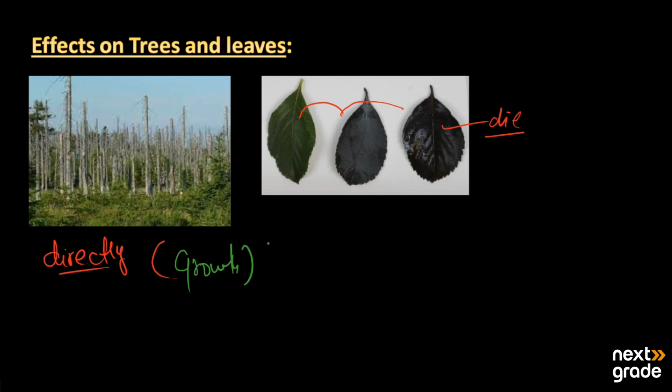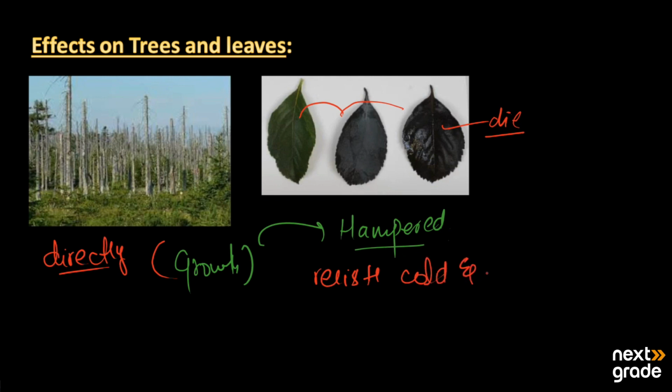Depending upon the severity of the damage, the plant's growth can be hampered, and we can also check the capability of the plants to resist the cold and diseases, and ultimately they start to die when they are not able to resist that change in a better way.